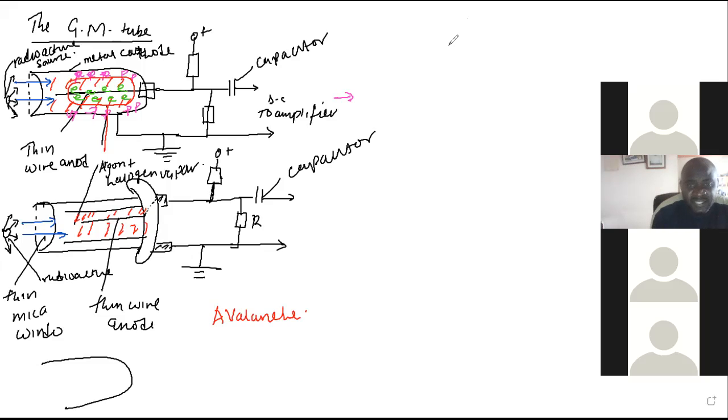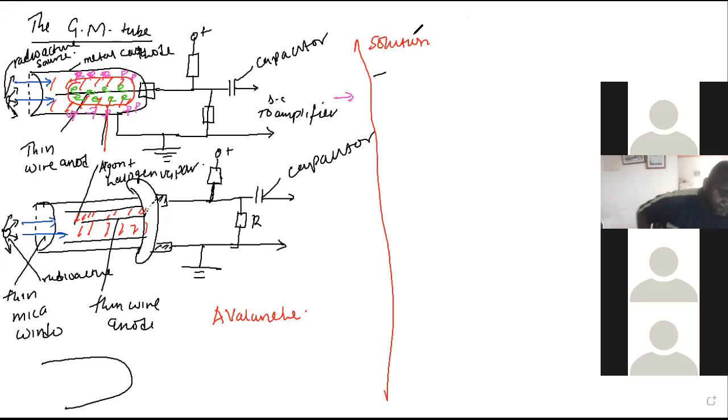If you want to determine that, the solution would be, I'm hoping you're writing this one. One, the radioactive sample is brought close. Teacher, pardon the question. Explain how you would use a GM tube to determine the half-life of a radioactive sample.